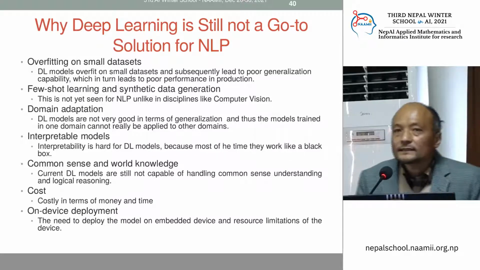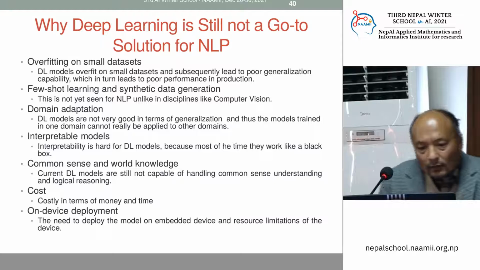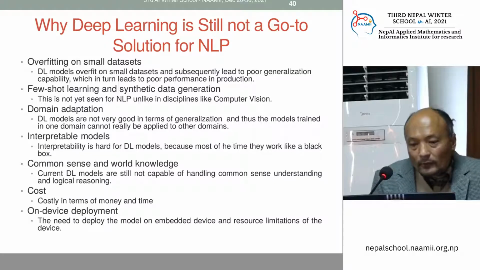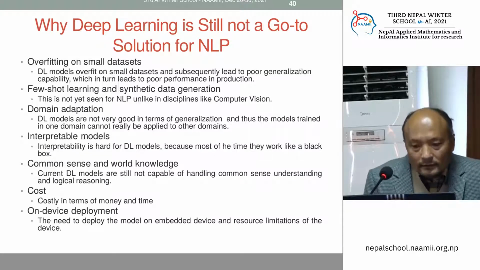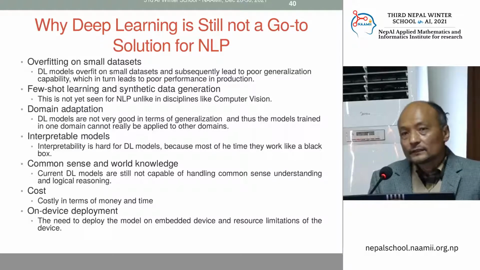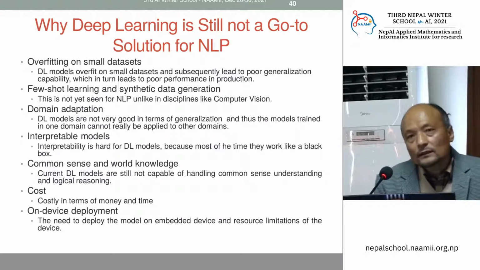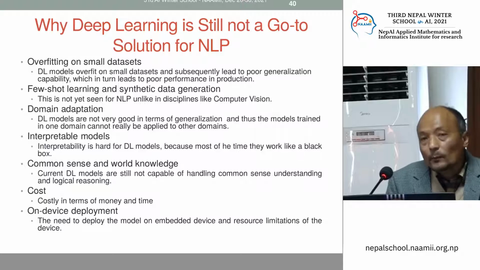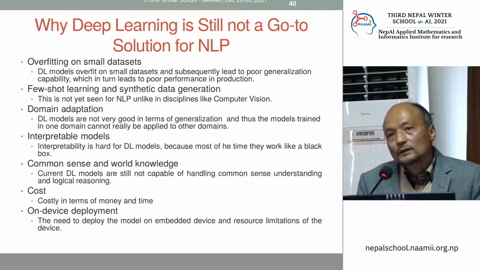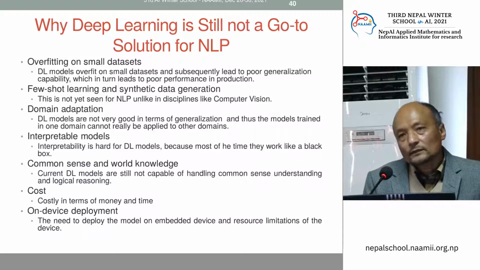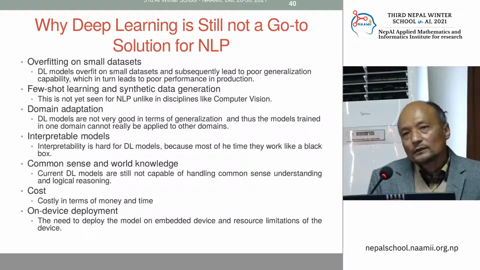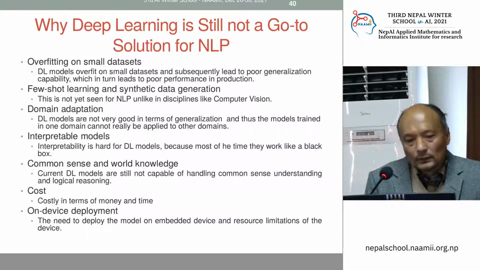Common sense and world knowledge: current DL models are still not capable of handling common sense understanding and logical reasoning. So that's also a bottleneck here. Cost: deep learning models are costly in terms of both money and time. That is also one of the reasons why we might need to think twice before deciding to go for a deep learning model.